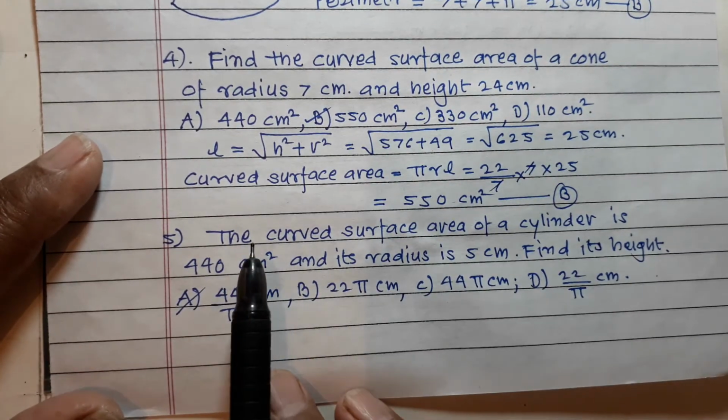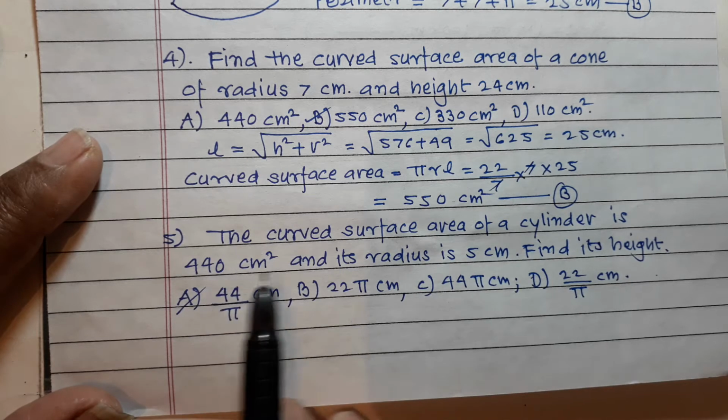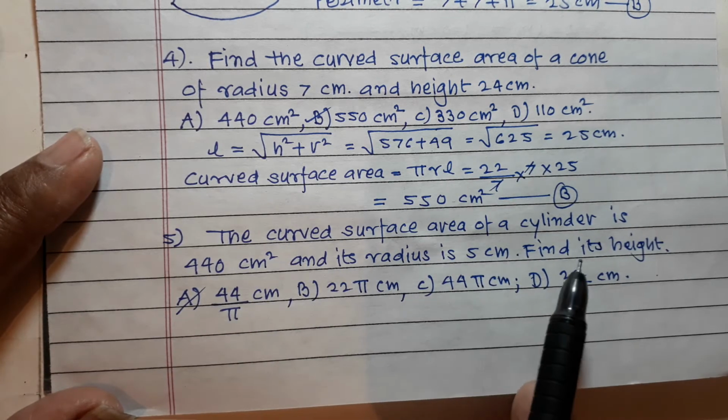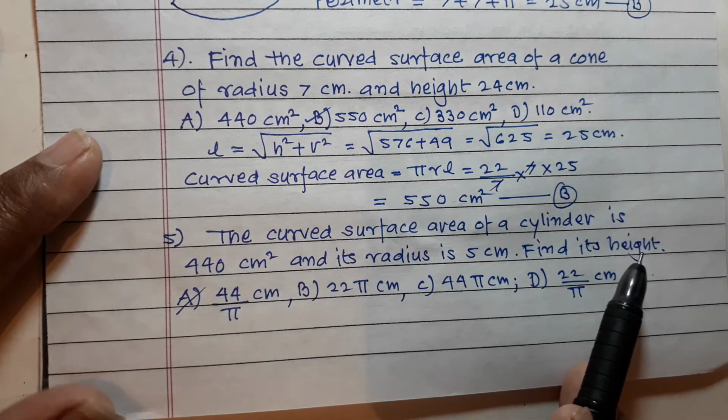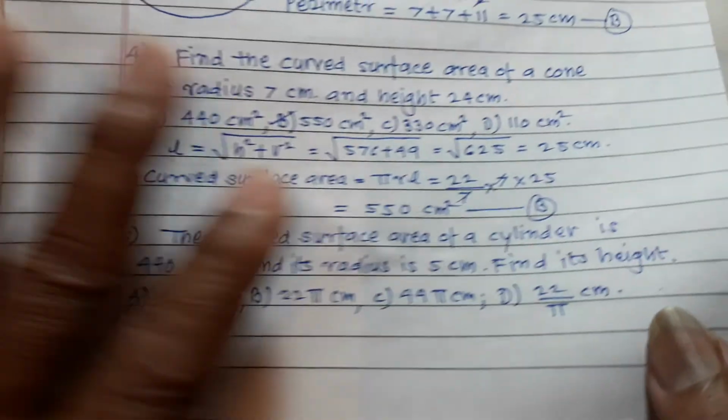Question number 5. The curved surface area of a cylinder is 440 cm square and its radius is equal to 5 centimeter. Find its height. These are the alternatives given.